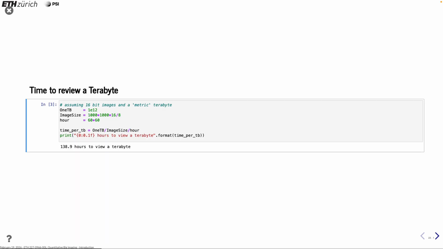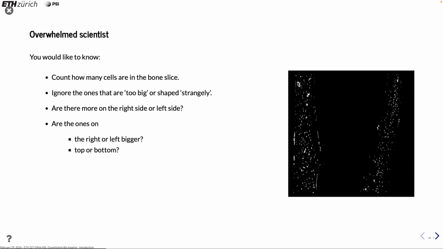So I have talked about terabytes, so how much is it? Let's say we have images of this type, this is just noise, 1K by 1K, and you look at them one each second, and then you click through them, trying to do some analysis or quick assessment, whatever.